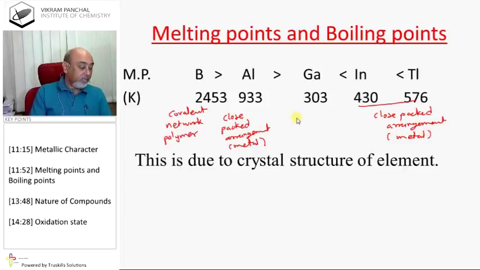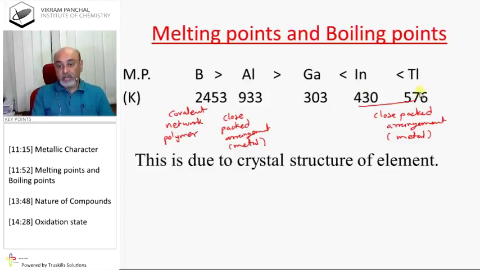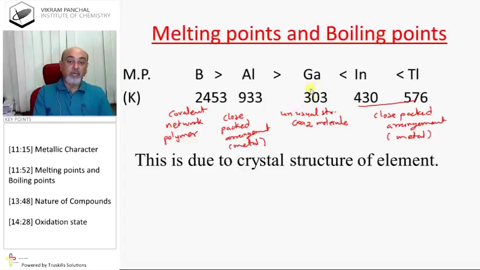But gallium is something different. Aluminium, indium and thallium have a close pack arrangement structure like metals, so their melting points are comparatively high. But gallium is only 303 Kelvin. That means at normal temperature it might be in a liquid state, and it has a very low melting point because of an unusual structure, a molecular solid structure like Ga2. Therefore, its melting point is very low.